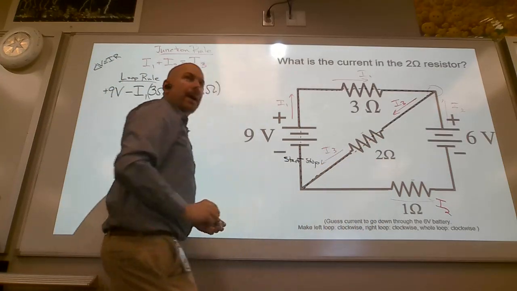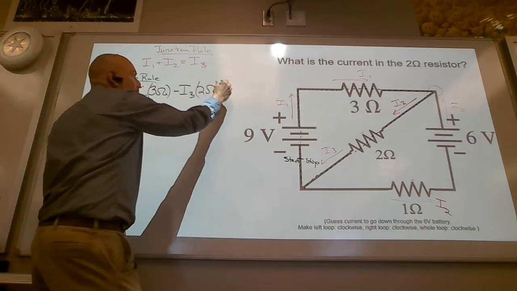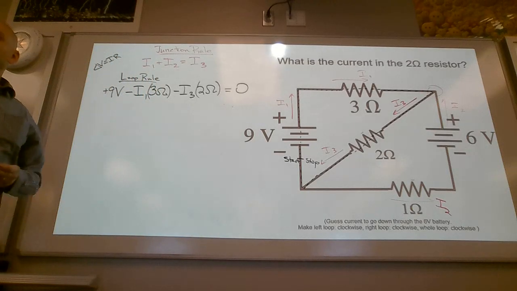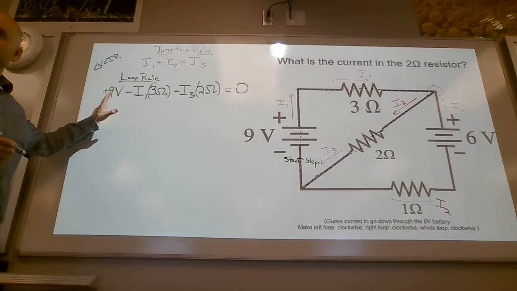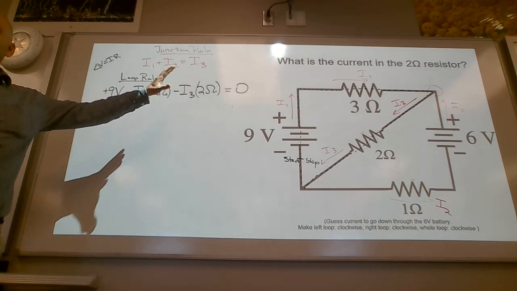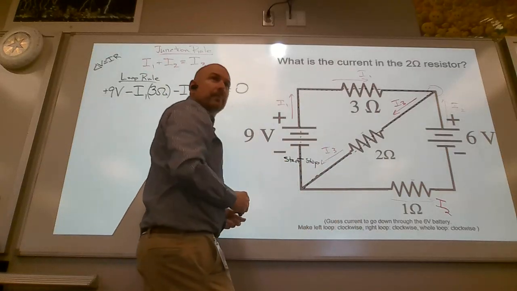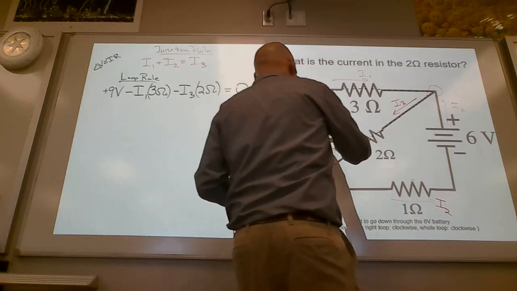And now I'm back to where I started. Okay, so all of that's going to equal 0. The voltage gain equals the voltage drop, or I could just put it all on one side. And so that's that complete loop. I'm going to end up at the elevation I started. You okay with that?